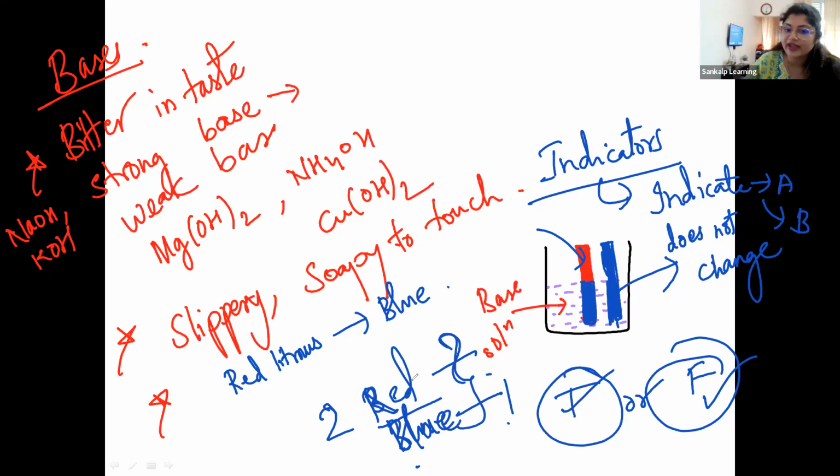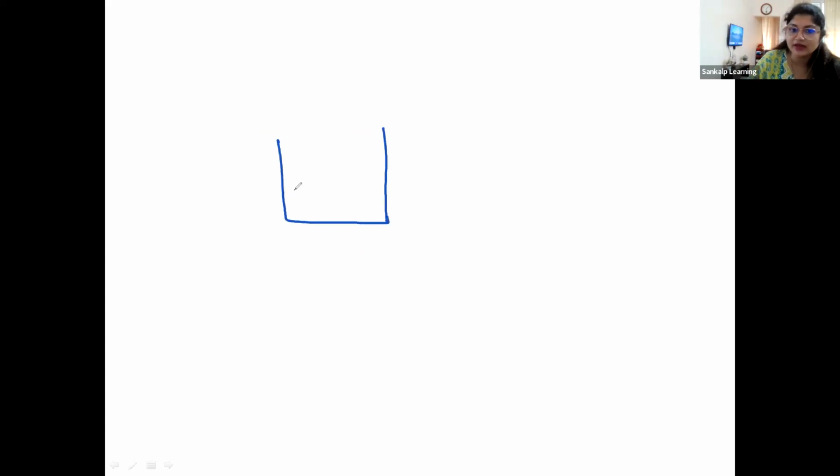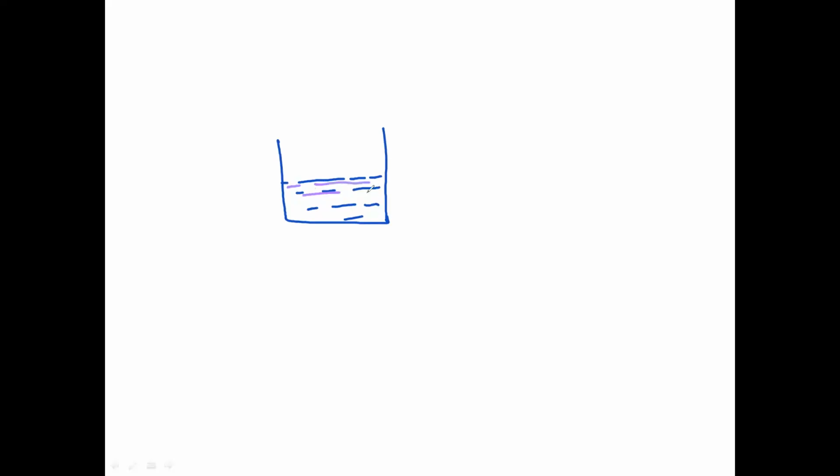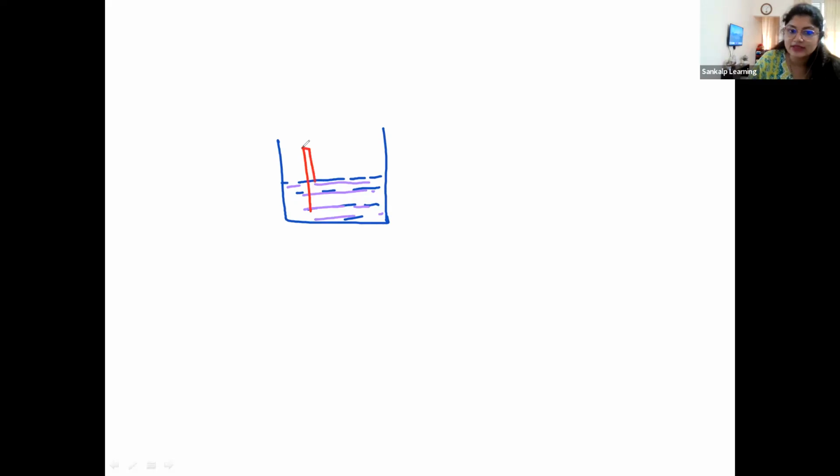So here I have taken red litmus. Suppose you don't know the solution, I have taken a beaker and the solution is unknown. I'll dip red litmus and I will dip blue litmus. Now the red litmus has turned blue.